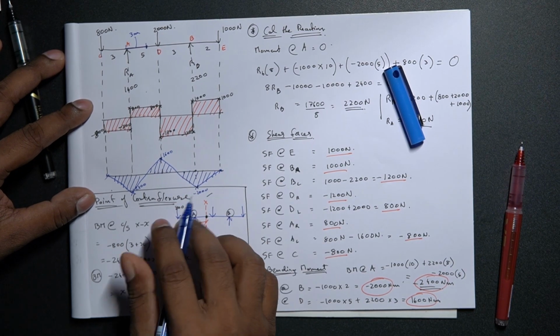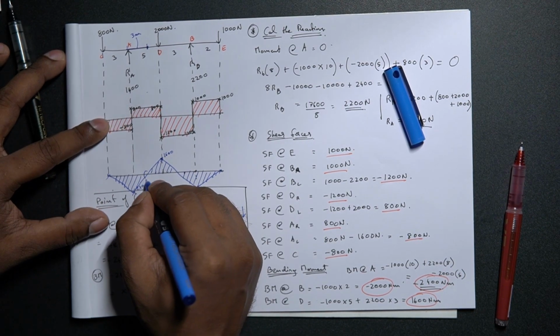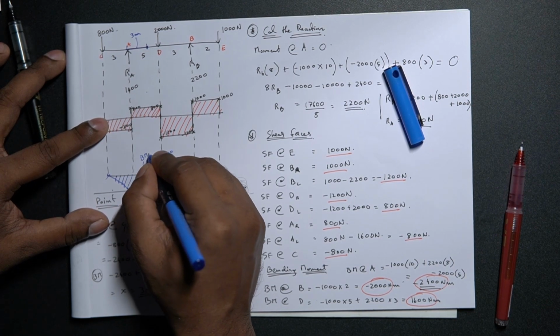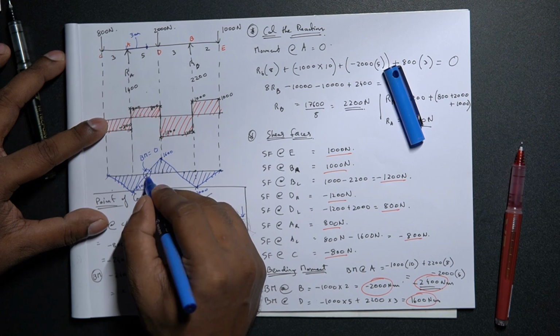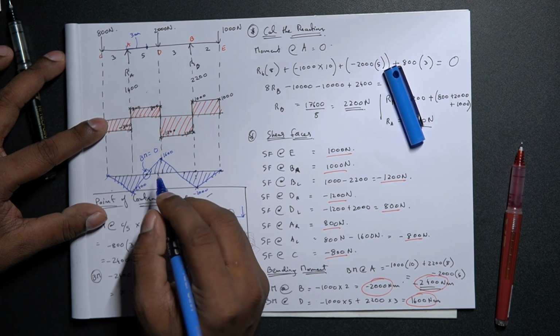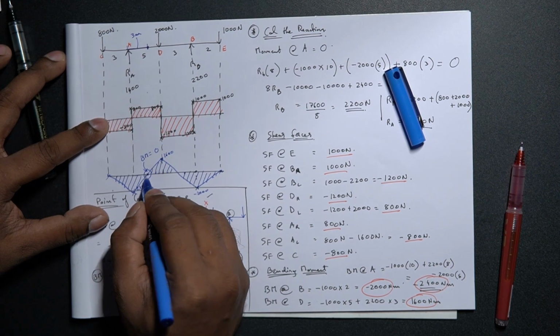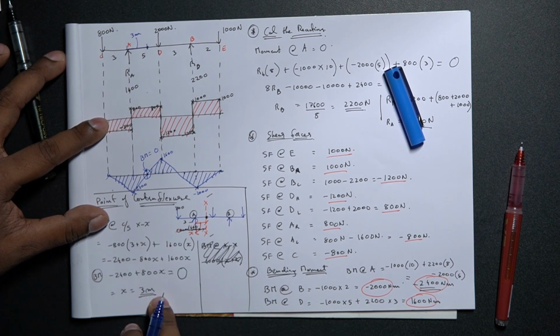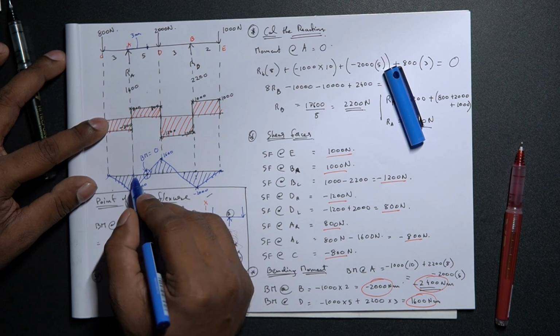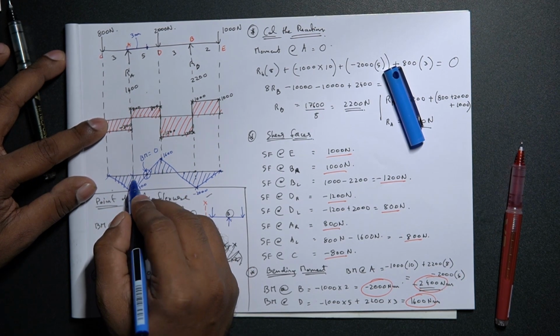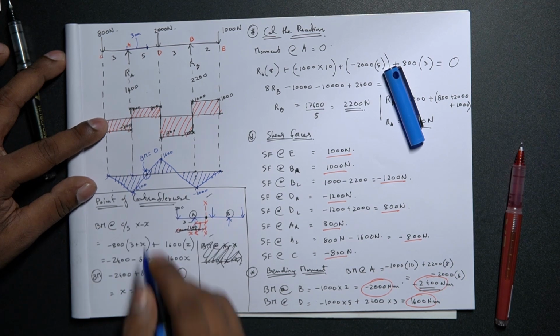So this is our bending moment diagram. Now if you identify at this particular point the bending moment is equal to 0. This point is what we determine as the point of counterflexure, and this point is exactly 3 meters from our support A. So the distance between the point A and the point of counterflexure is 3 meters.